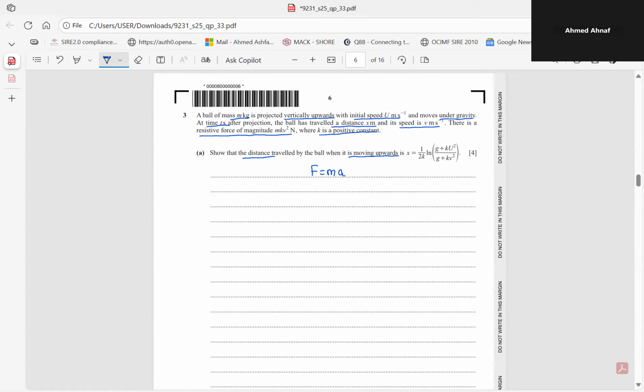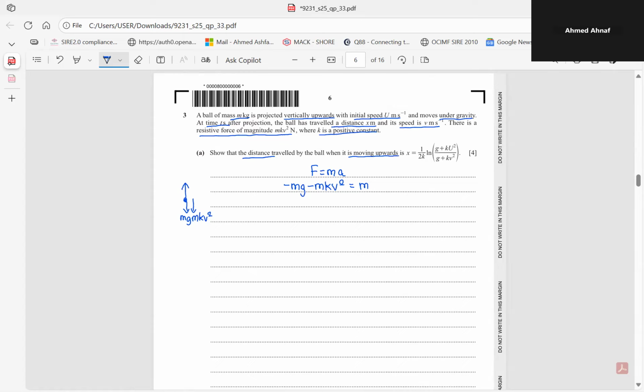And for F, that's the resultant force acting. So since the ball is moving upwards, we're going to take any upward force to be positive. However, both of our forces, both the weight and the resistive force, are acting downwards. So we're just going to take minus mg minus mkv squared equals to m.